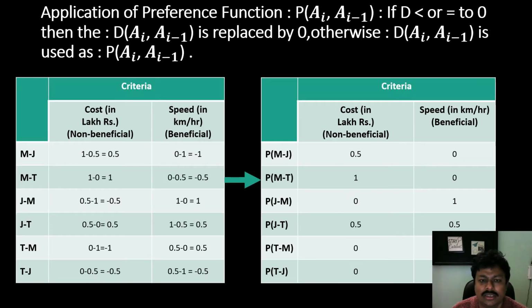So what is this? Now, what is preference function? How do we apply preference function? Now what happens is, if the value of d is less than or equal to 0, then the value of your preference function will be 0.